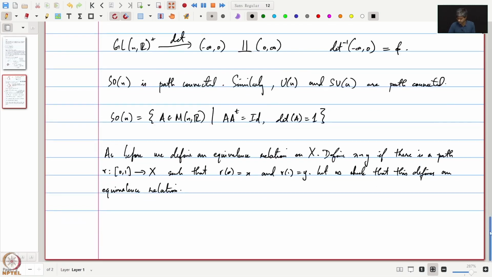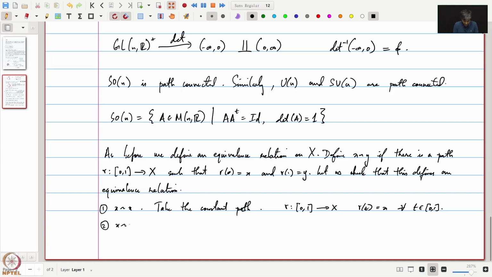So we need to check three things. First, we need to check that X is equivalent to X. This is easy, we just take the constant path, in other words gamma from [0, 1] to X with gamma of t equal to X for all t, and the constant path is continuous.